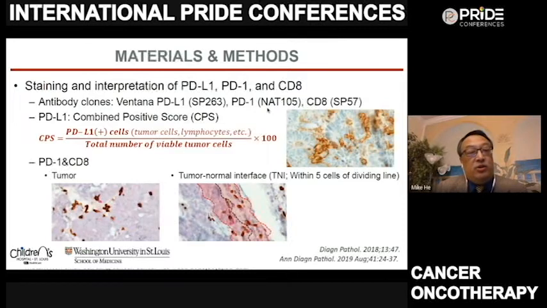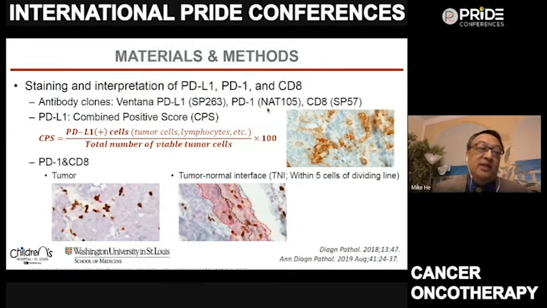So here are the materials and methods, the antibody clones for the immunohistochemistry, and for PD-L1 there is a specific way of scoring the staining results. The one I put here is the so-called combined positive score, CPS, which counts PD-L1 positive cells, no matter whether these are tumor cells or immune cells.